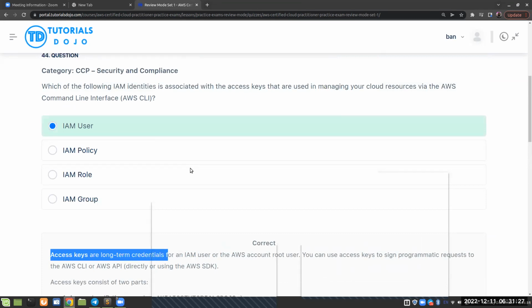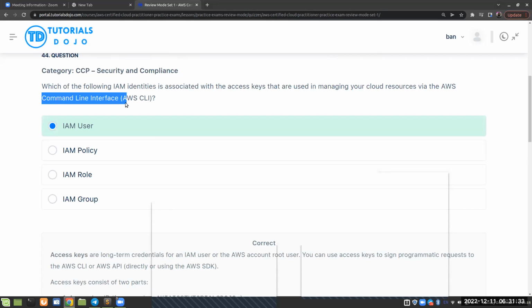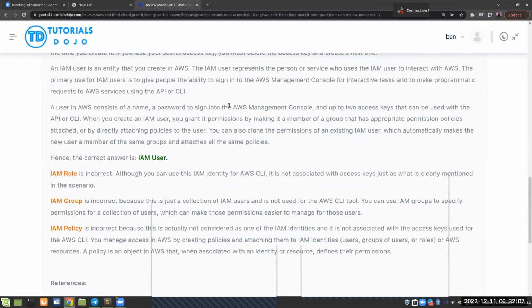Because they were asking about managing through the command line interface, what you always use is an IAM user, which has permanent access keys. You can use an IAM role when you want, for example, another AWS service to access another one, like an EC2 instance accessing an S3 bucket. So the reason this one didn't go is because we are using the CLI, which requires permanent keys.